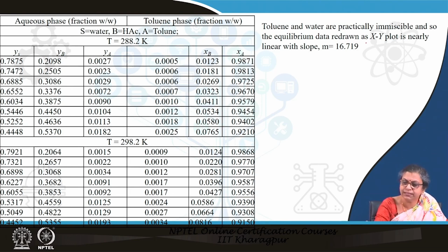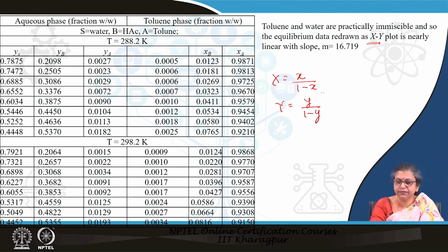If you can represent the equilibrium data in terms of mole ratios, where you already know the mole ratio is defined by this, the mole ratio of acetic acid in the toluene phase and in the water phase, you will get a linear graph with m equals 16.719.